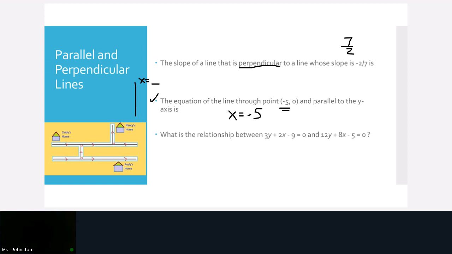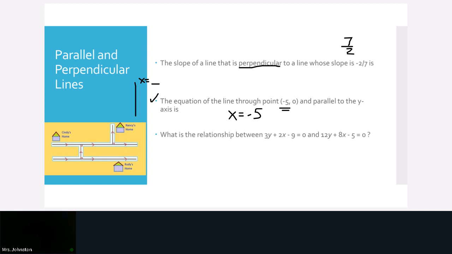What is the relationship between 3y plus 2x minus 9 equals 0 and 12y plus 8x minus 5 equals 0? Well, I have a feeling they're going to be either perpendicular or parallel since it's on this section of the review. So I'm going to simplify these and put them in the form that gives me the slope.